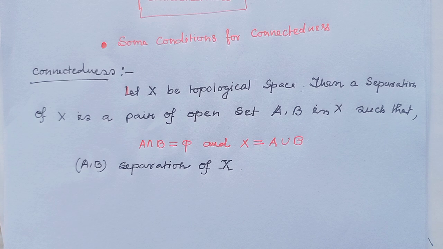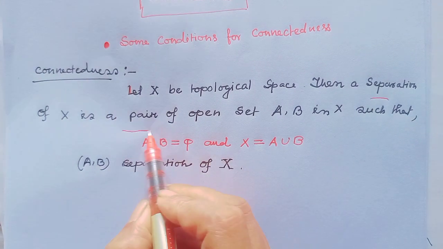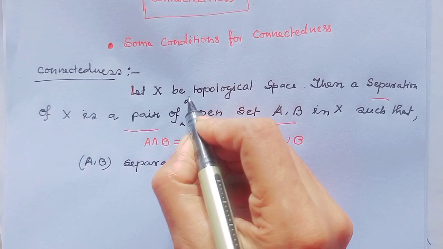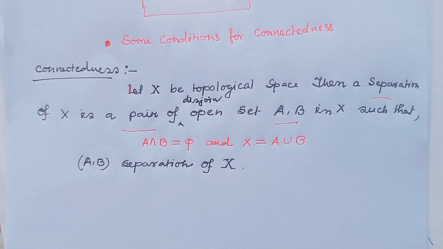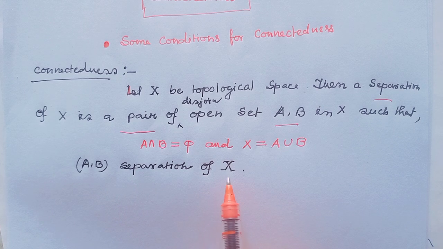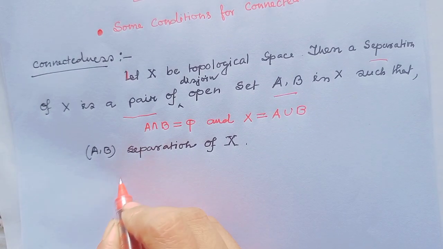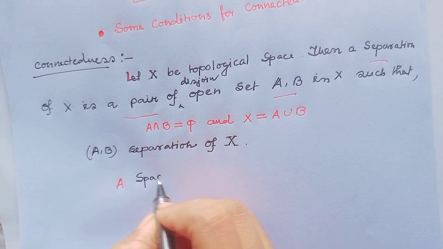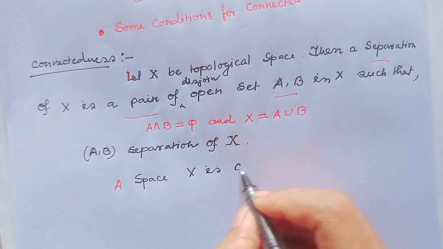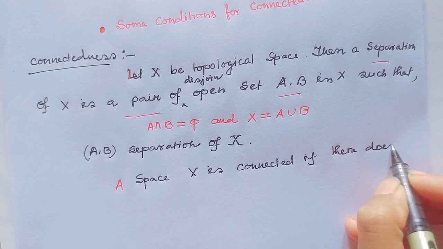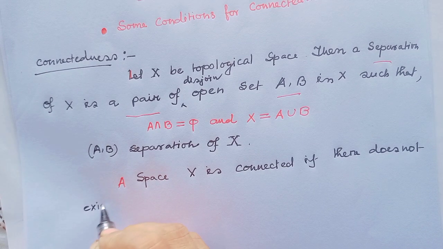Let X be a topological space, then a separation of X is a pair of disjoint open sets A and B such that A intersection B equals phi and the topological space X equals A union B. Then this A and B is a separation of X. This is called a disconnected set, and a space X is connected if there does not exist any separation.